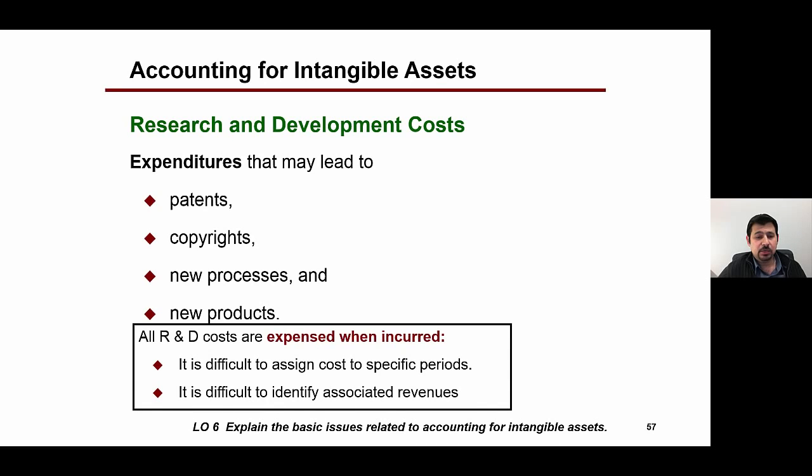And at the same time, it is hard to assign it to a specific accounting period. So it's hard to assign R&D costs to a specific period or to a specific product.